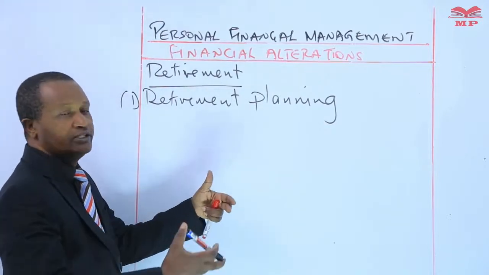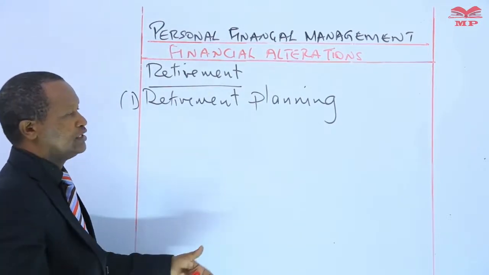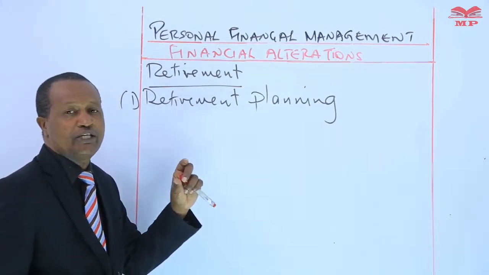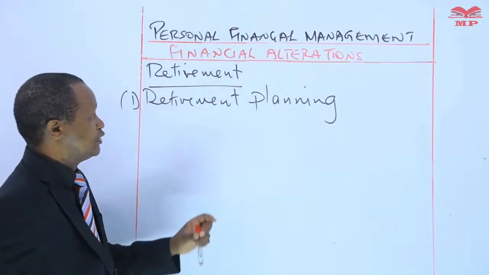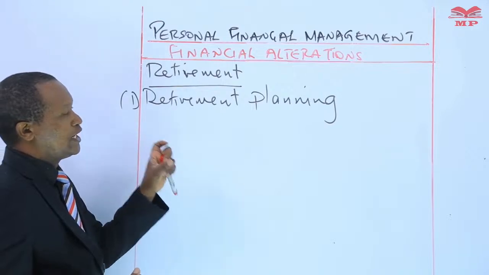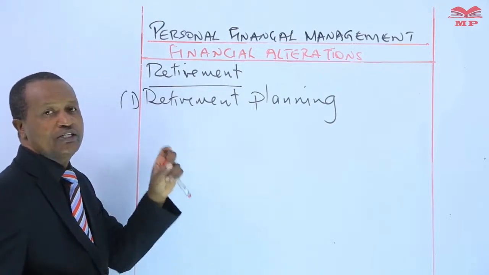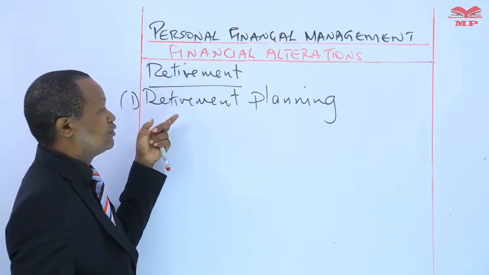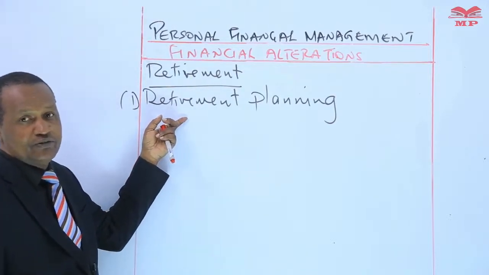That is a time when the body becomes weak, the body slows down, and the mind also becomes weak in processing information and all that. So it's important, while one has the strength, while one has the money, to plan for that stage in life.